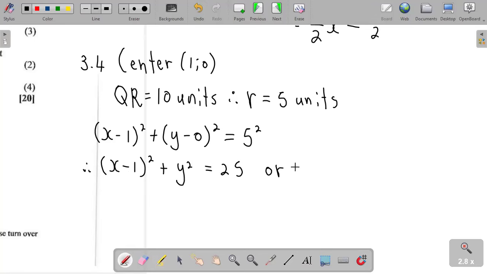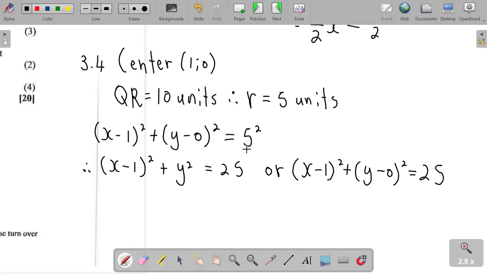Or we can just say x minus 1 all squared plus y minus 0 all squared equals 25. That is the equation of the circle that we have here.